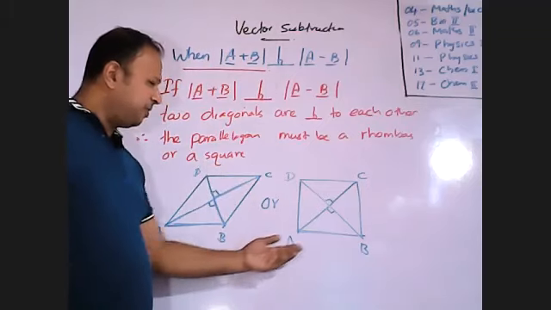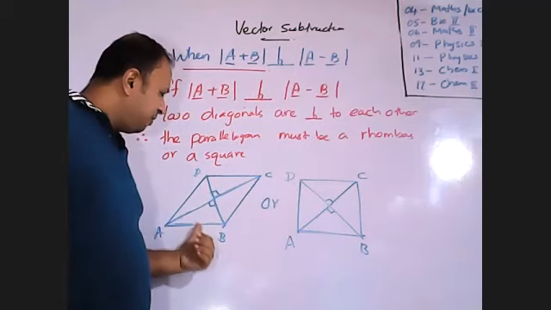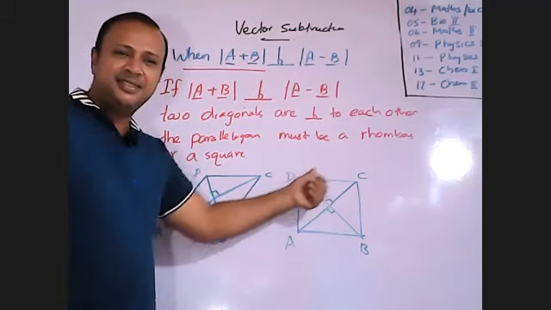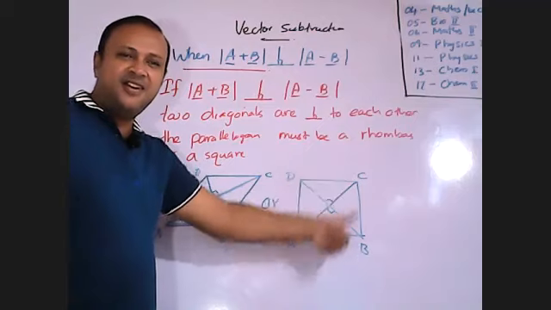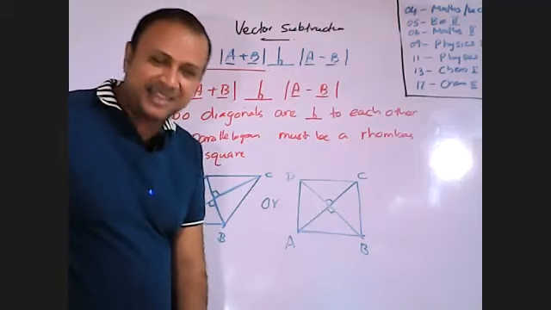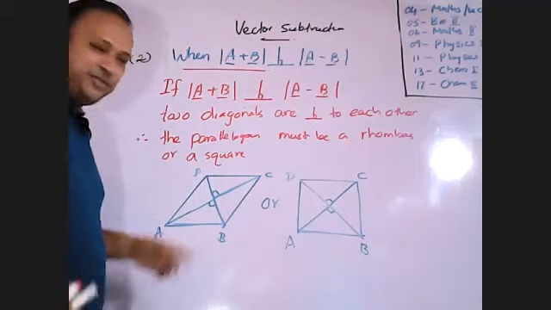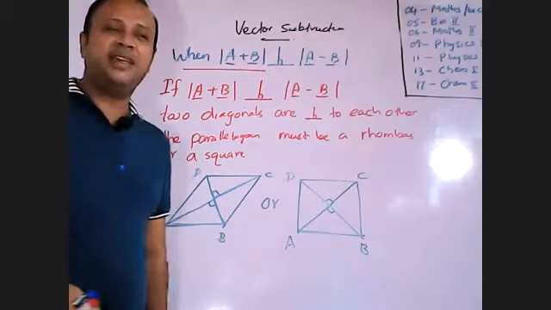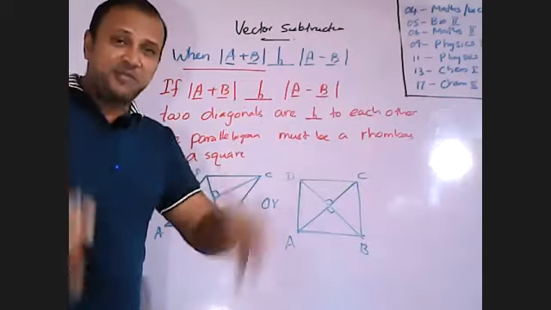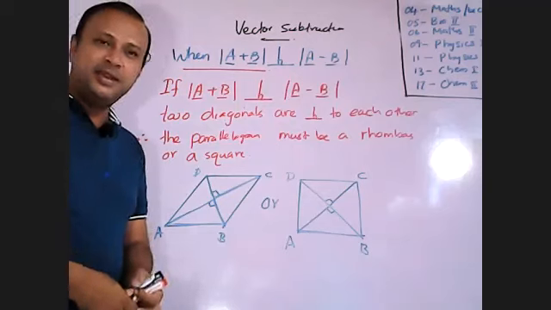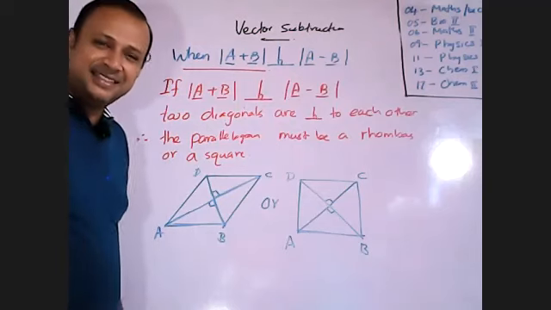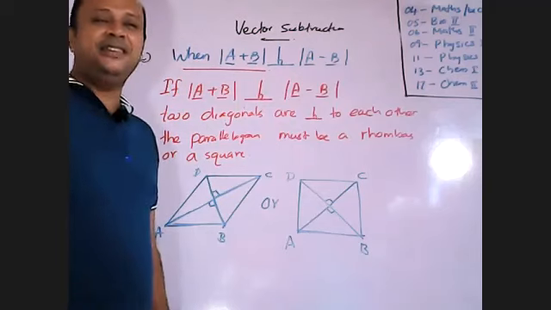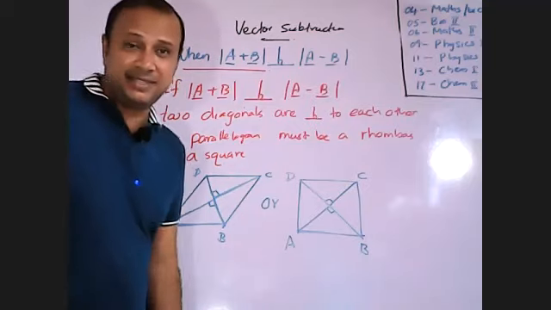No, it is simple. Look at this. All the sides are equal. Yeah, sides are equal in a rhombus and a square, it is a very common feature. All the sides are equal in size.